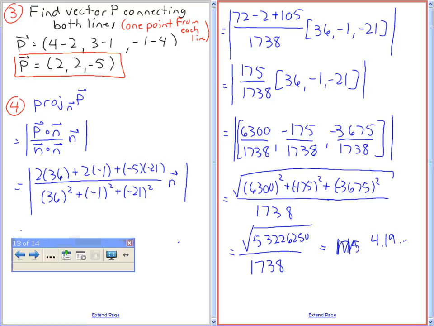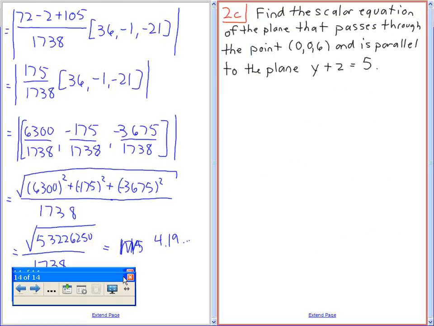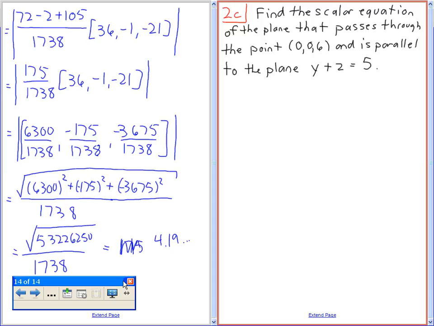Okay, I'm going to do your question, and then we're going to keep going here. Question number 2 is, this is Tuesday on the assignment. Find the scalar equation of the plane that passes through the point and is parallel to the plane y plus z equals 5.